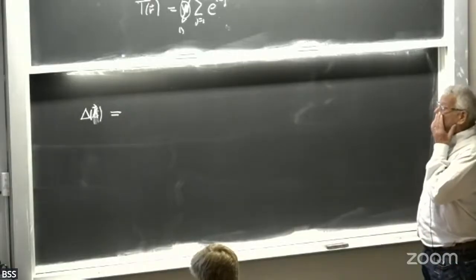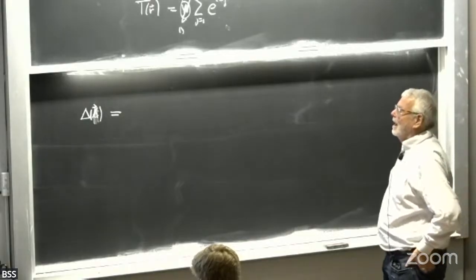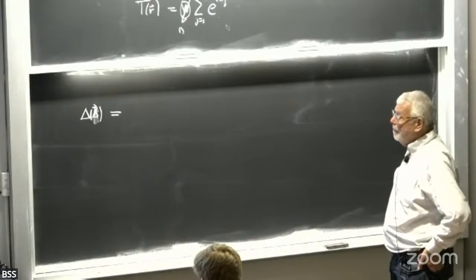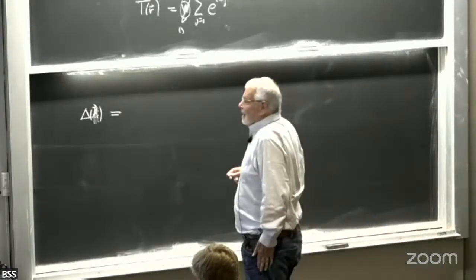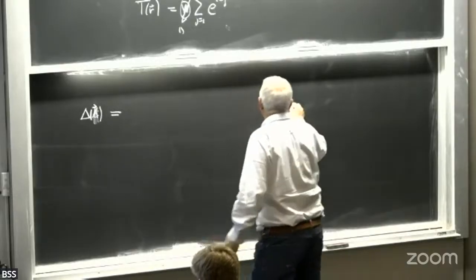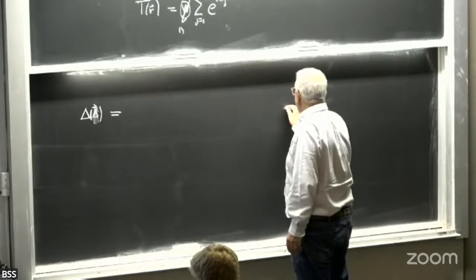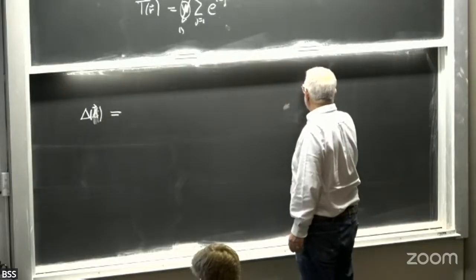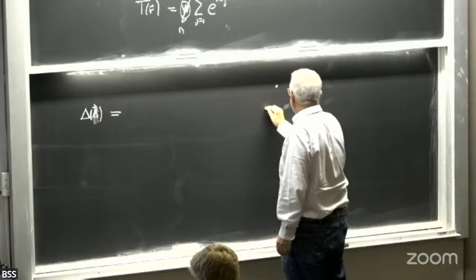So you can see that with the coordinate system I've chosen, one of the lattice vectors is in the y direction, so that means one of the reciprocal lattice vectors in the coordinate system that's chosen here is in the x direction, right?